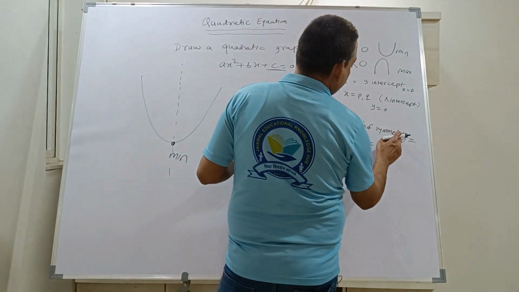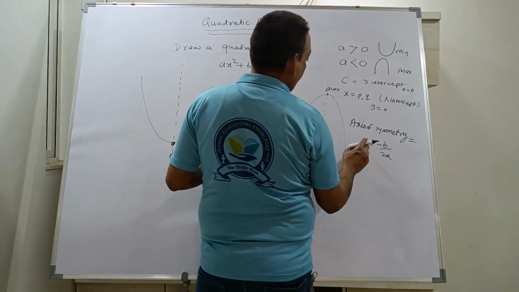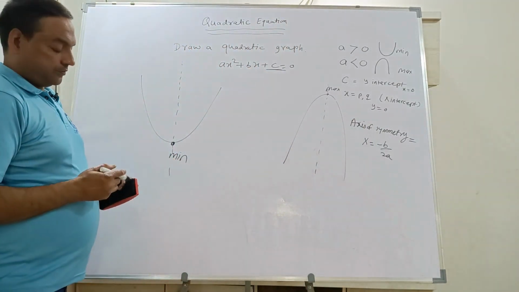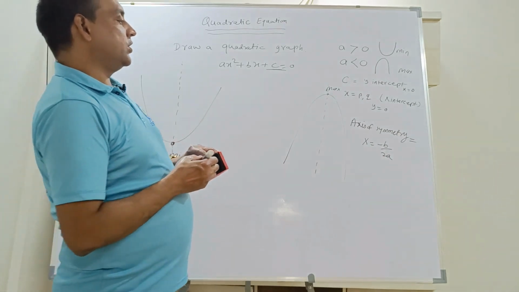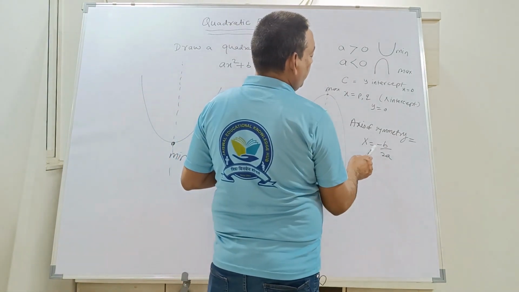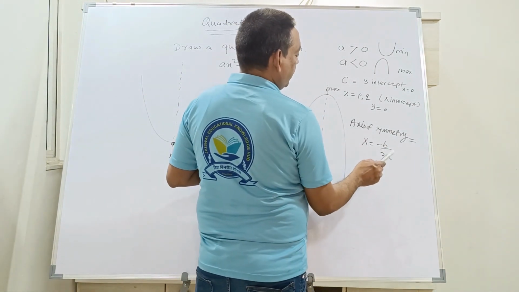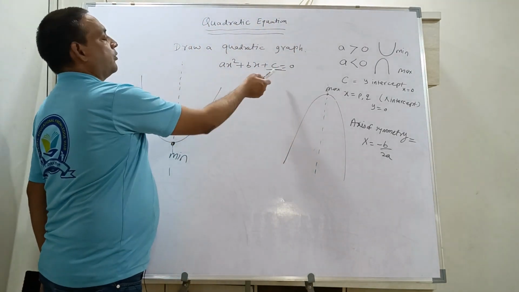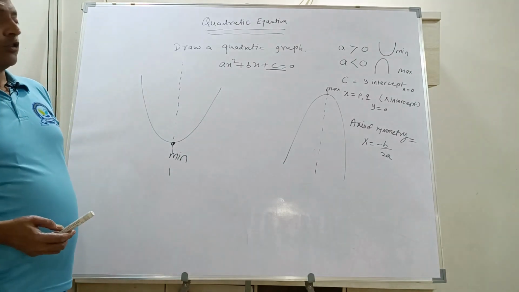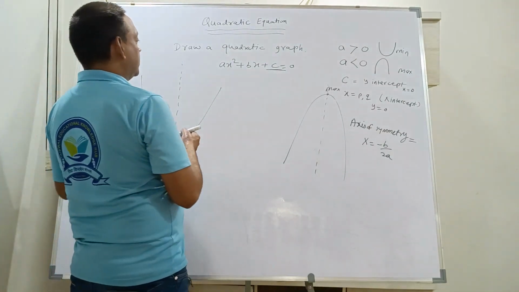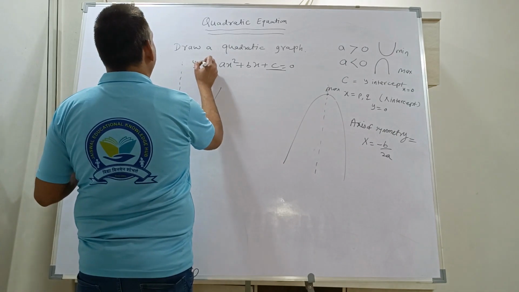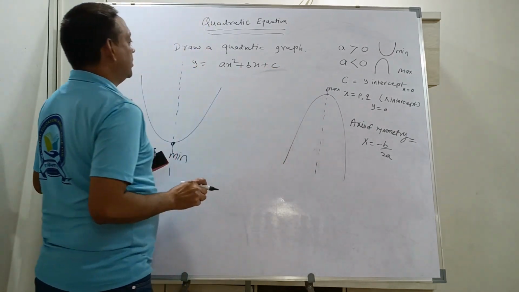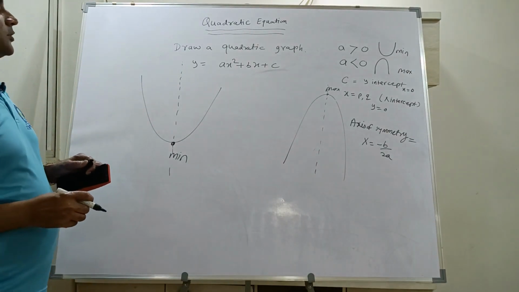Once we have the axis of symmetry, the x value, if we replace this x value in the original equation, x equals minus b upon 2a, we get one number. You can write y equals, but don't write equal to, because this is the way to sketch the graph, not to solve. So y equals x square plus bx plus c.